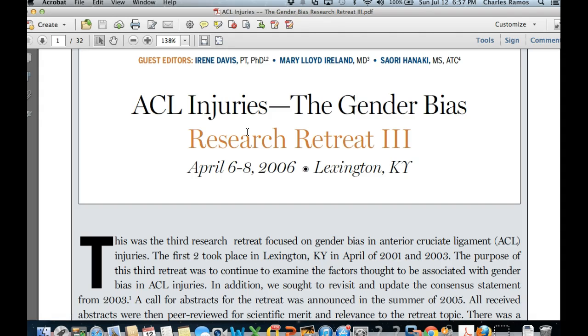So they took physical therapists, athletic trainers, chiropractors, surgeons, and they all kind of met together and started outlining the current research and the current practices that are in place for ACL rehabilitation, and then also how ACL injuries occur. And just to give you the gist of this, basically it's going to tell you that females are more apt to sustaining ACL injuries, specifically non-contact injuries. So that's what you have to look forward to in this article.